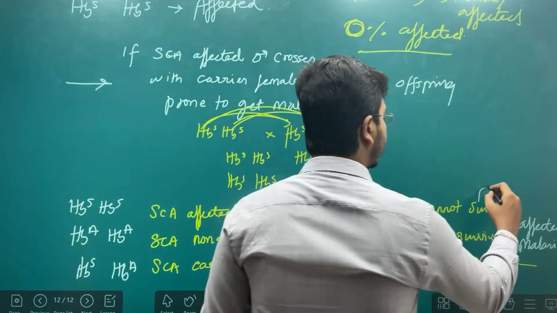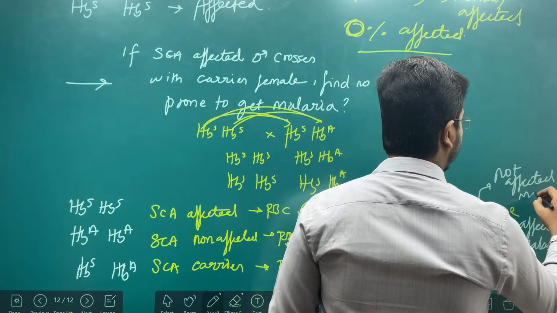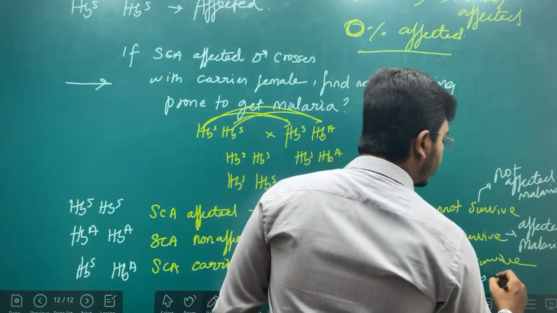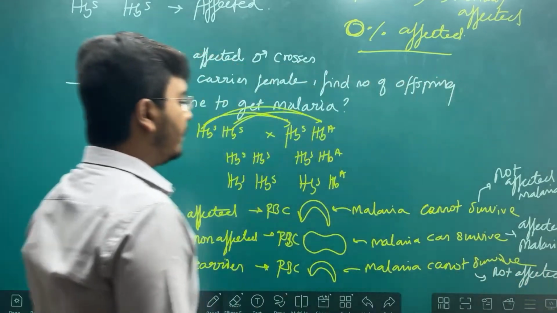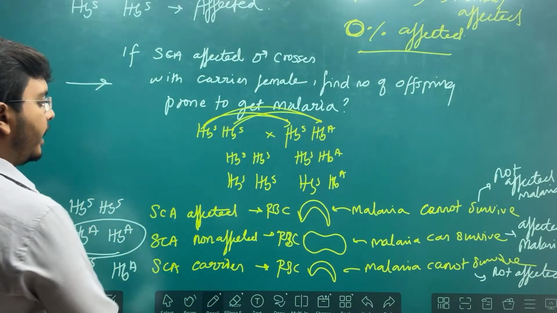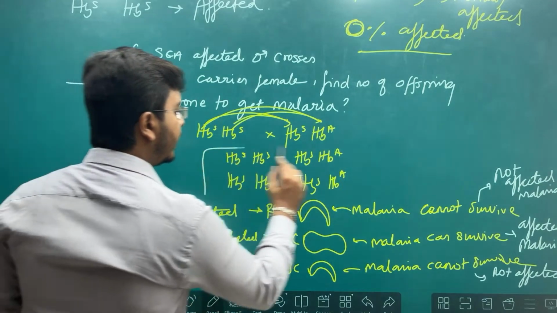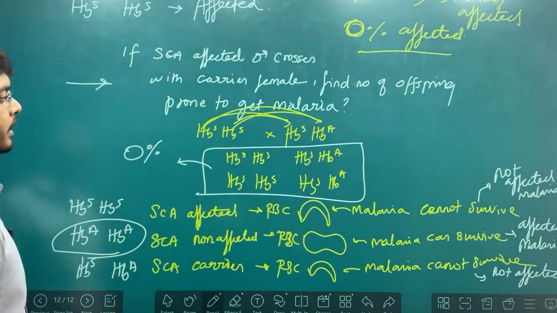If malaria cannot survive, the person is not affected by malaria. So who gets affected by malaria? Only HbA HbA. But do we get any of that in this cross? No. So the answer is 0%.